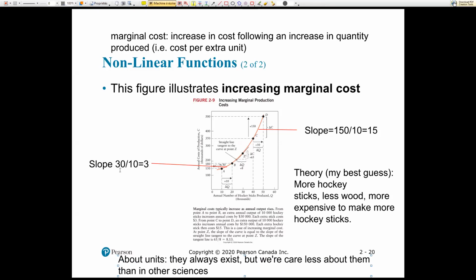But it's absolutely true. So with units, you would say it's 3. That's the annual cost of production, so that would be in thousands of dollars. So that would be $3,000 per year, because that's annual cost of production per.